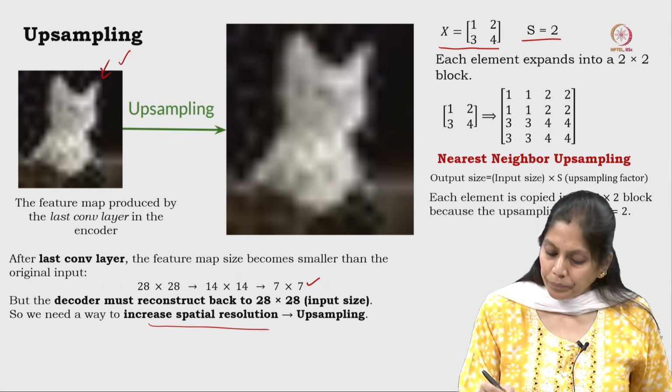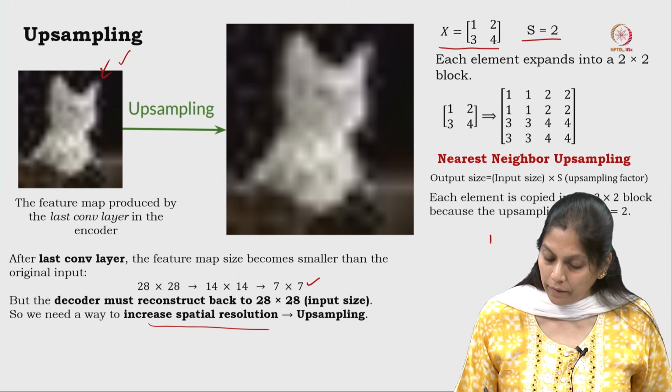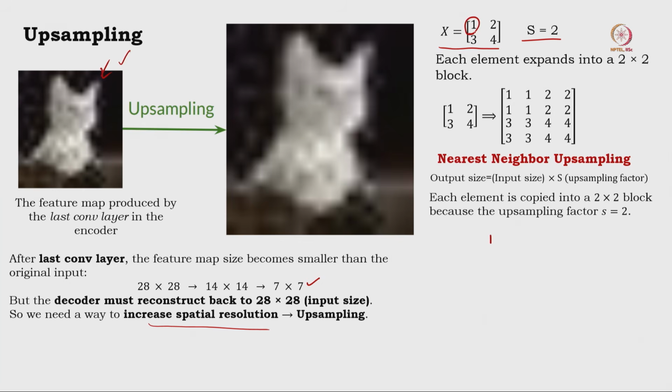The first element, 1, is copied into 2 cross 2 blocks, so I can write 1 1 1 1. Now the second element is 2, again because s is 2, it is 2 2 2 2, which is 2 cross 2.